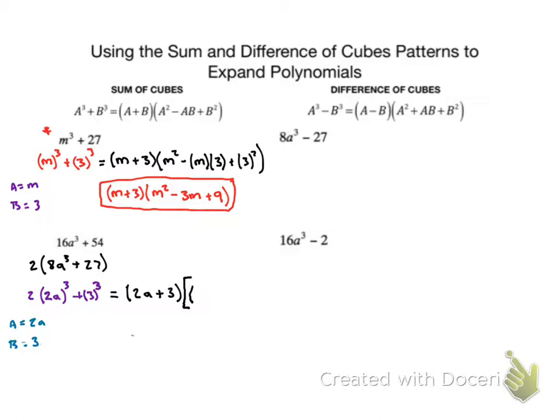A squared gives me (2a) squared, minus A, which is 2a, times B, which is 3, plus B squared.